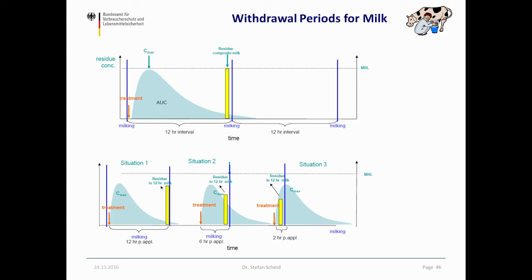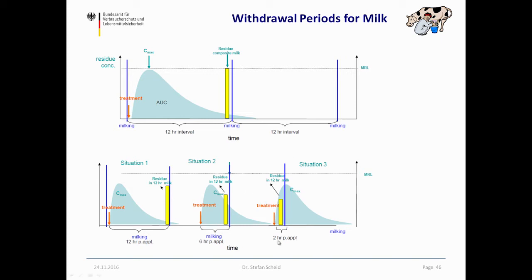We have 10 animals, so we can have a more rigorous statistical calculation for that time point. Whereas at the other time points, when you have a sample at 6 or at 8 hours, you only have 3 animals, which is kind of a confirmation that there will be no residues over the MRL at those time points. But the important one, I think, is the 12 hours.